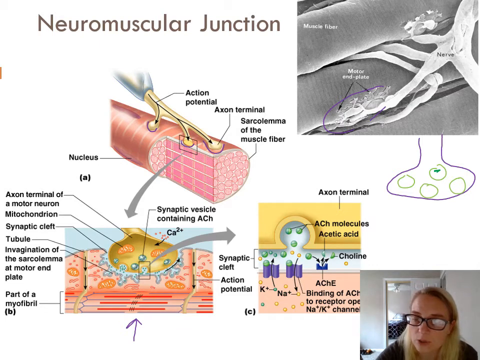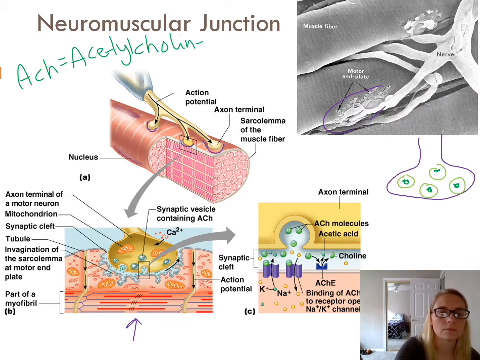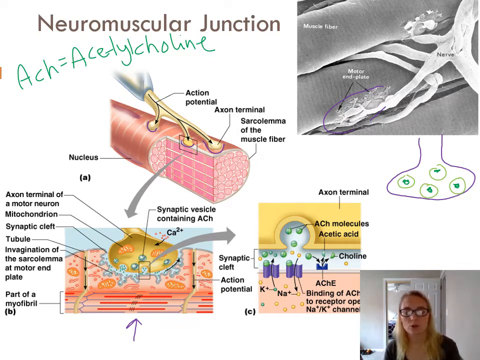I can't draw them super great on my PowerPoint here. Those are my neurotransmitters. These are chemical messages, and in this case it's called acetylcholine. ACh stands for acetylcholine. Acetylcholine is a neurotransmitter.